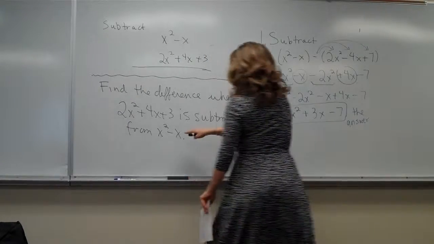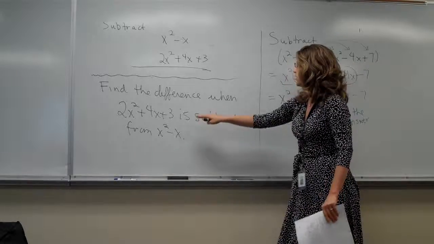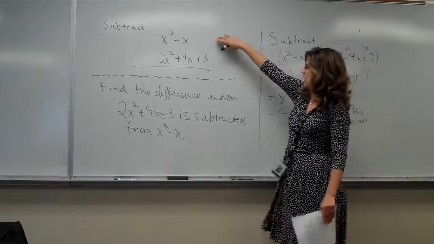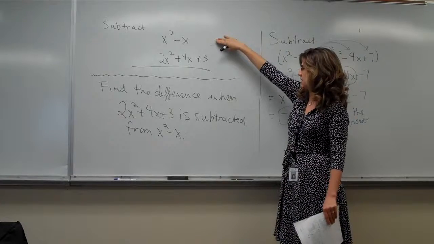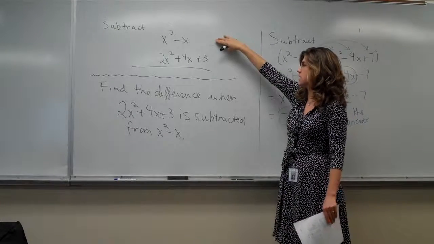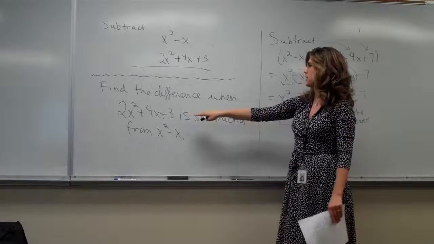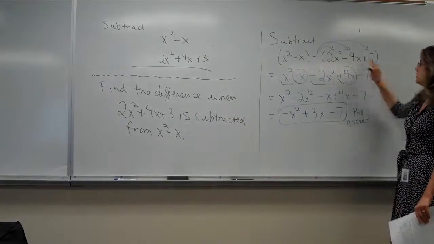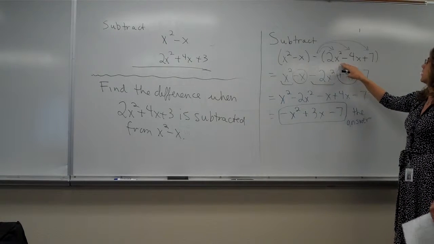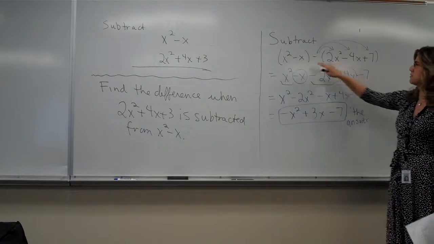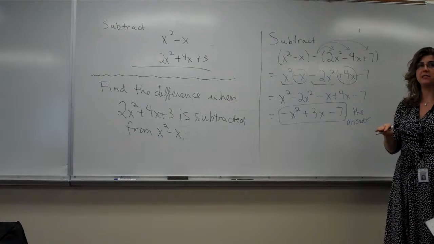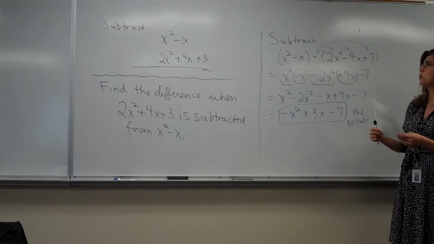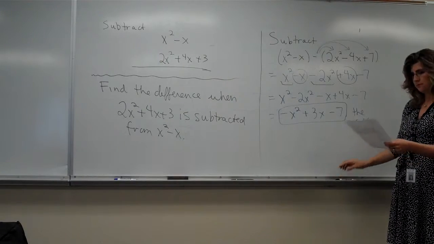Notice that this is subtracted from that. That means that this x squared minus x, the thing that it's subtracted from, goes on top. And the 2x squared plus 4x plus 3 goes on the bottom. So this minus this could be said 2x squared plus 4x plus 3 is subtracted from x squared minus x. So be sure and note that this same type of problem can be asked more than one way. All right, excellent.